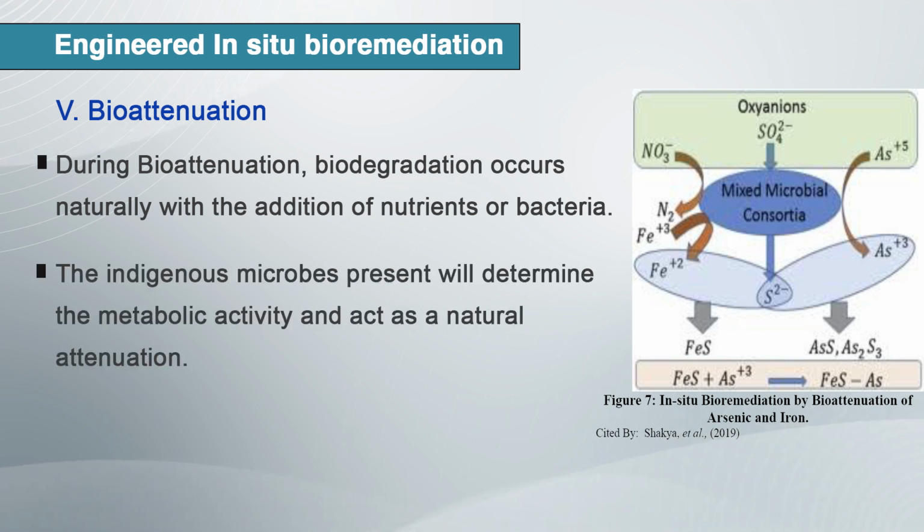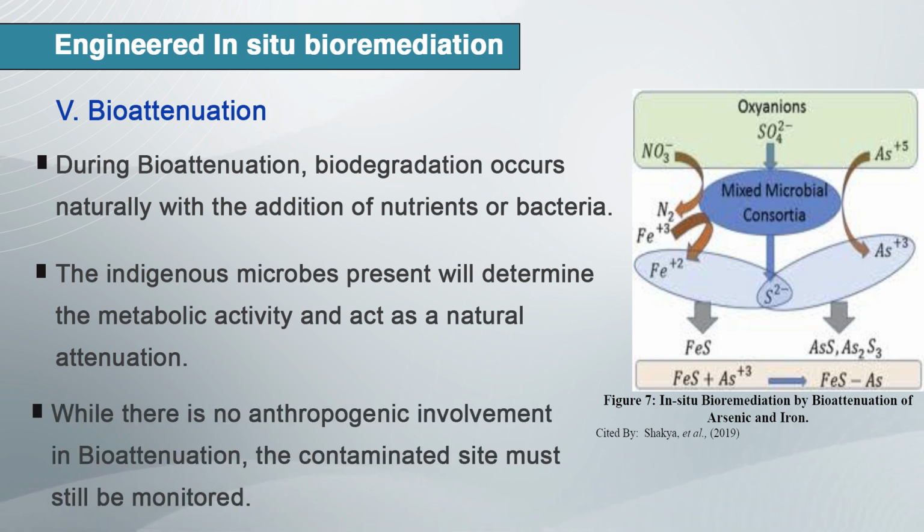The endogenous microorganisms present will determine the metabolic activity and act as a natural attenuation, while there is no anthropogenic involvement in bioattenuation. The contaminated site must still be monitored.